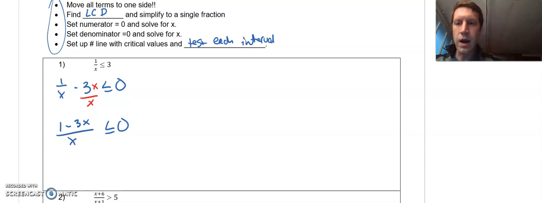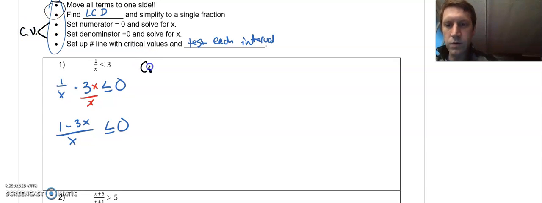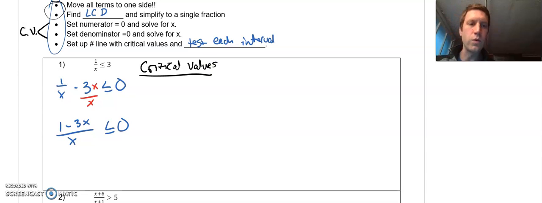So I have achieved the first 2 steps: I got everything to one side and got a single fraction. Now the next 2 steps involve your critical values. Critical values are really just zeros from the numerator and zeros from the denominator. So let's keep in mind which ones come from what spot.